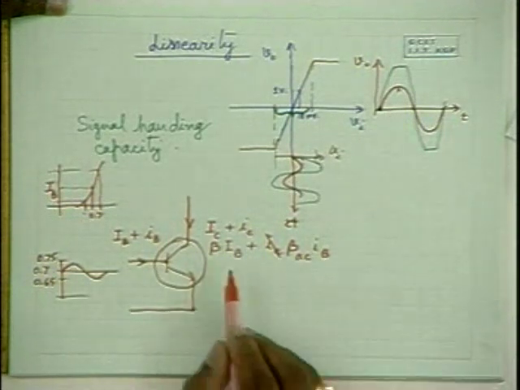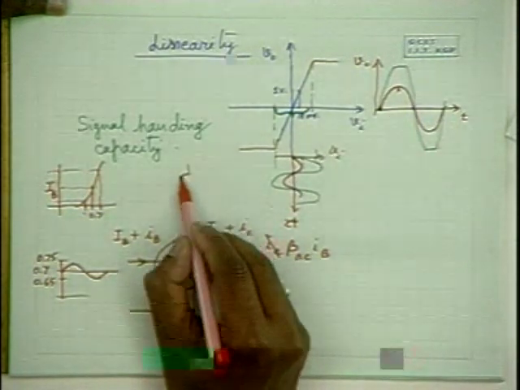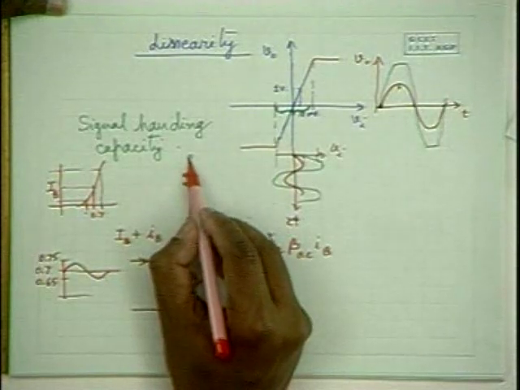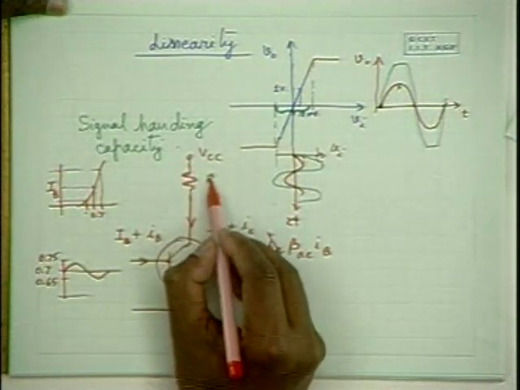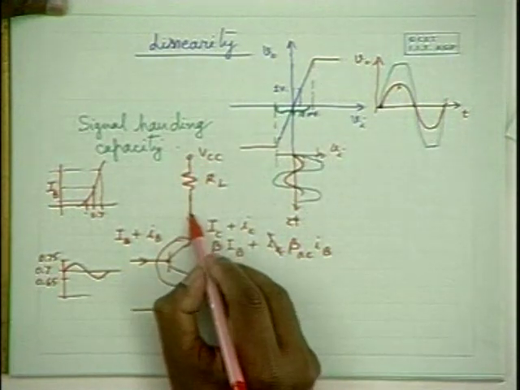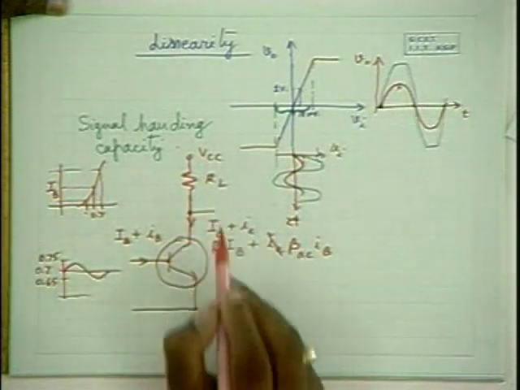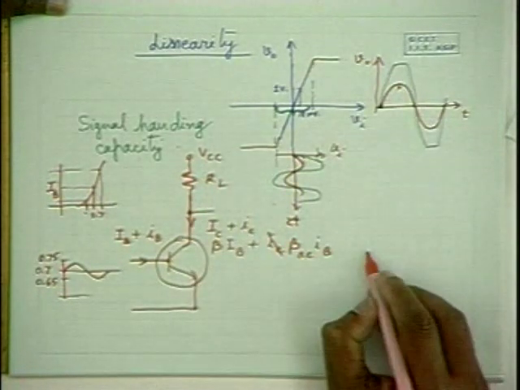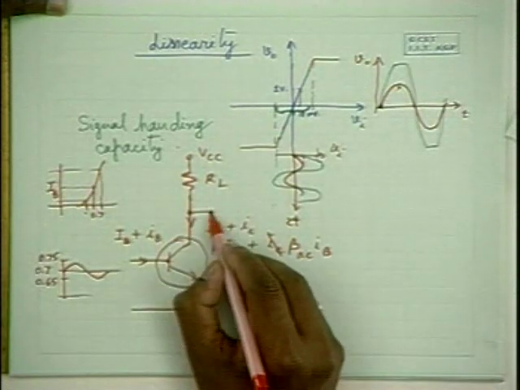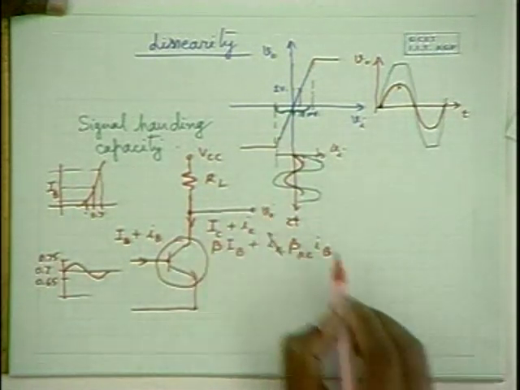Now, what happens to the output side? At this point, the voltage is V0, let me call it V0.